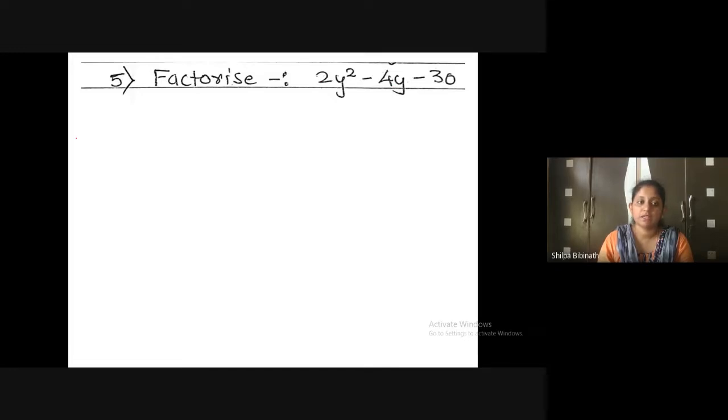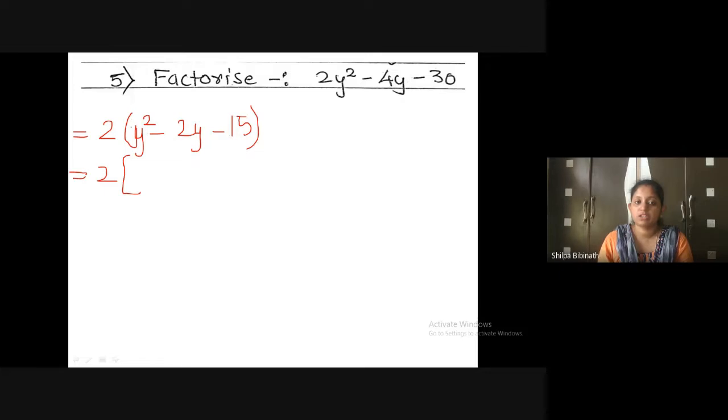So 2 can be taken as common. Whatever is left out goes inside the bracket. y square minus 2y, 2 how much is 30, 2 15's are 30. This 2 will be taken till the end and the rest everything will be solved. So y square minus 2y minus 15.